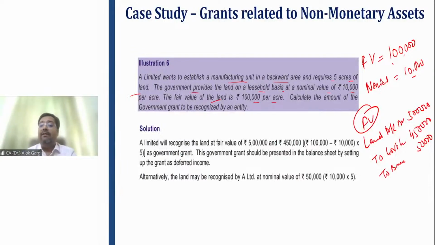Let's come to the nominal value, right? Instead of showing at gross value, full value, or fair value, the entity will just record this asset, non-monetary asset, at nominal value. What is the accounting entry at nominal value?